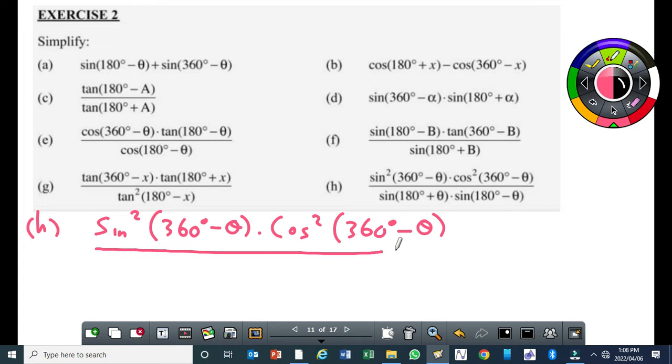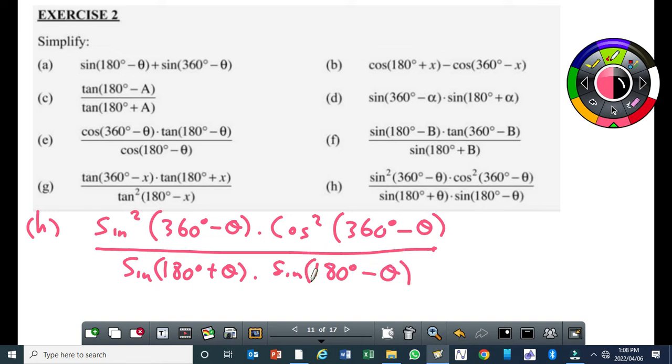This is all over sine of 180 degrees plus theta times sine of 180 degrees minus theta.